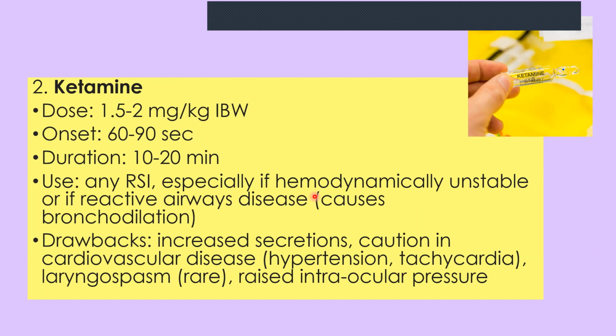The adverse effects are increased secretions. It should be used cautiously in cardiovascular disease, in patients with hypertension or tachycardia. It can also cause laryngospasm, but it's rare, and also increased intraocular pressure.